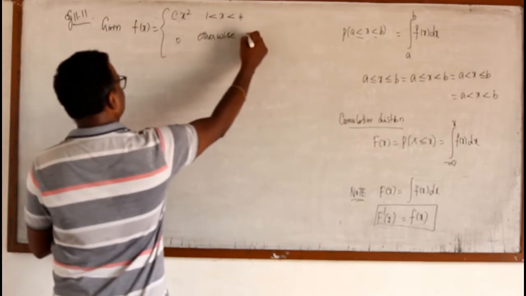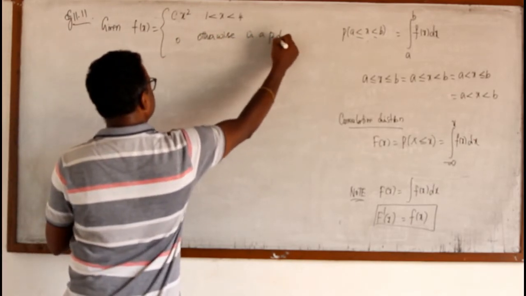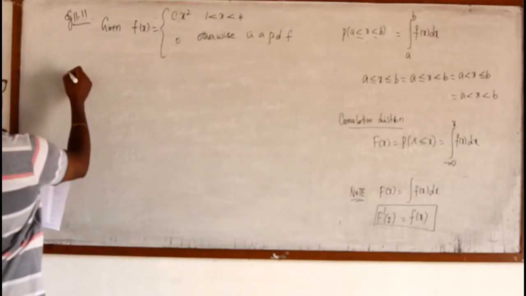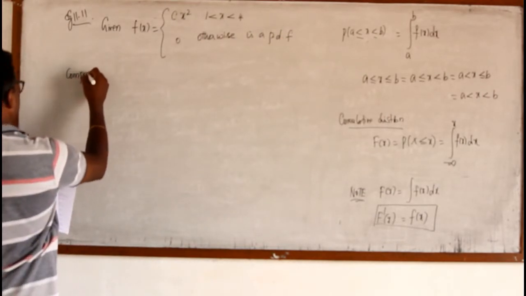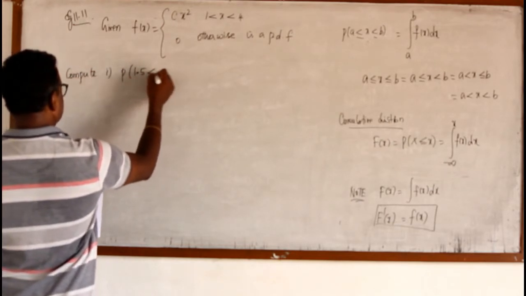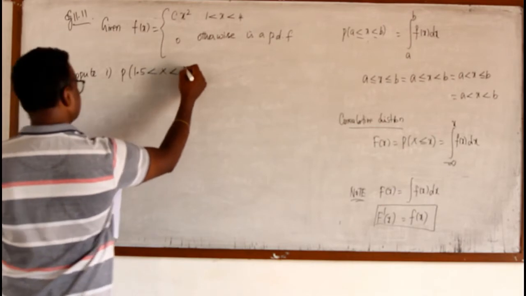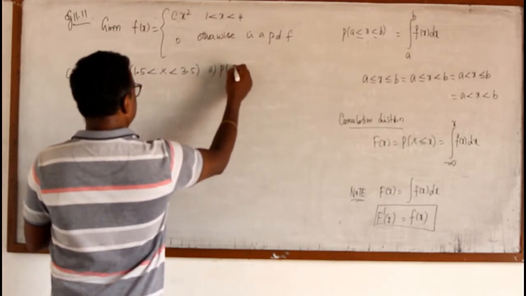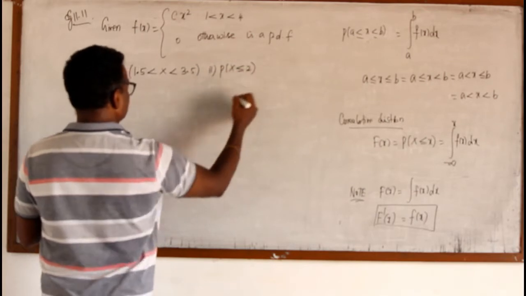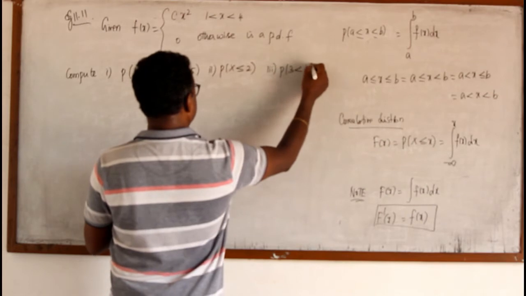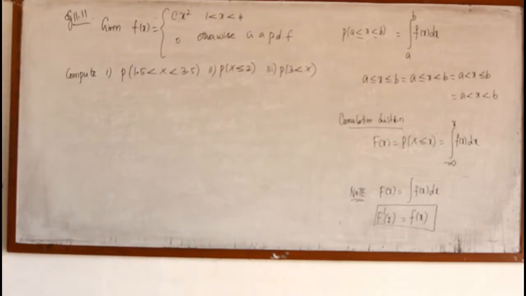Is it a probability density function? Compute: first question, P of 1.5 less than x less than 3.5. Second question, P of x less than or equal to 2. Third question, P of 3 less than x. These three probabilities I have to find out.